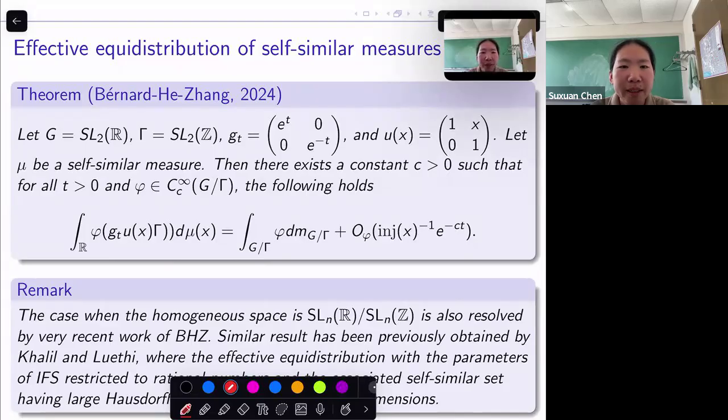And let mu be a self-similar measure, and then there exists a constant C such that for all t greater than 0 and for all phi in C_c infinity of G mod gamma, so this means the smooth function on the homogeneous space G mod gamma with compact support, then the, oh, okay.